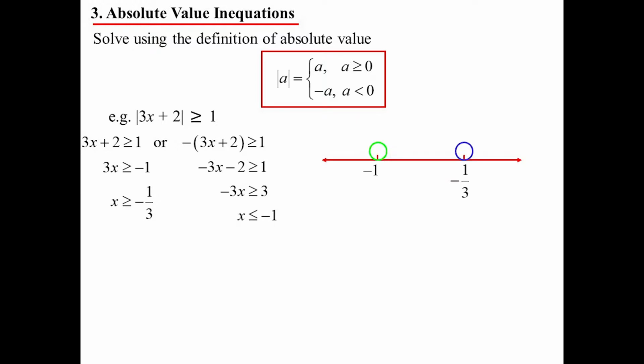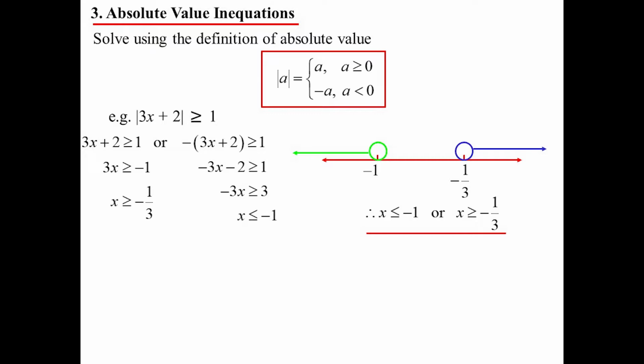If I put that on a number line, the first one's greater than or equal to -1/3. I should have coloured that in, shouldn't I? Oops, doesn't matter. They were coloured in circles, of course, but we got our answer. X is less than or equal to -1 or greater than or equal to -1/3.